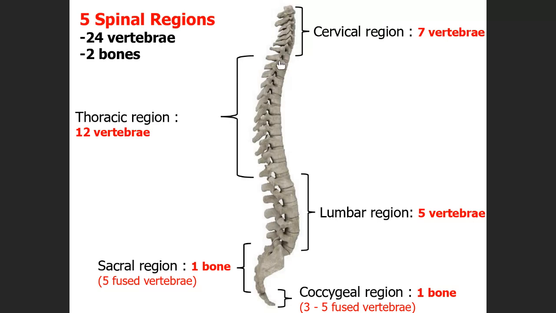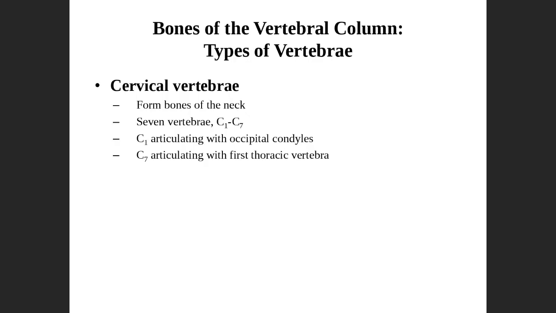So here's T1 right here, and here's C7 right here. So C7 is superior to T1. And if we go all the way down here into the lumbar vertebrae, here's L1. L1 is inferior to T12. See what I'm talking about when we're talking about the relationships of how they sit? One's inferior to the other or one's superior to the other.